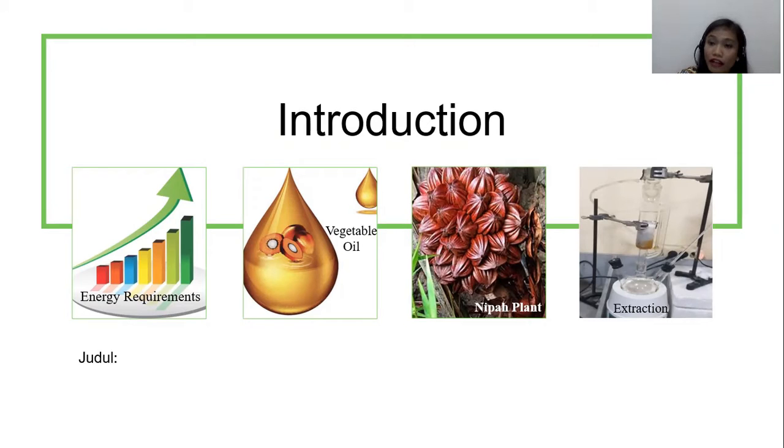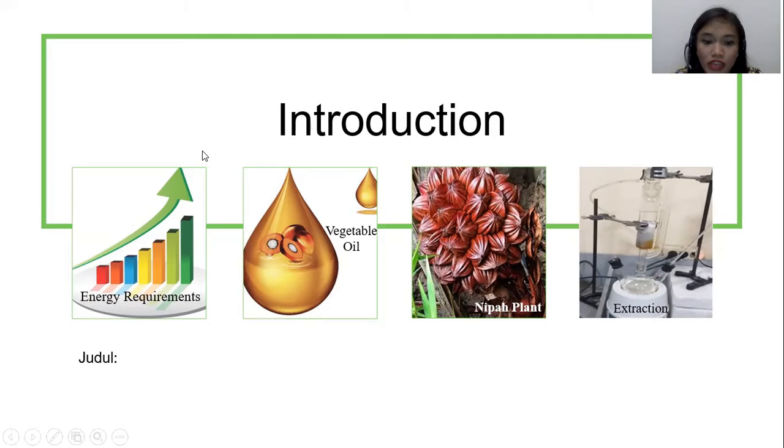One of the alternative uses of the palm plant is as a raw material for making bioethanol.